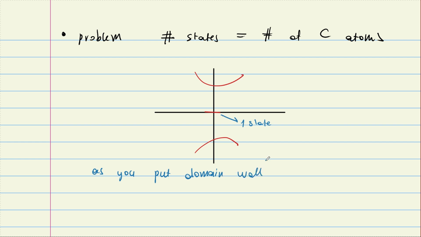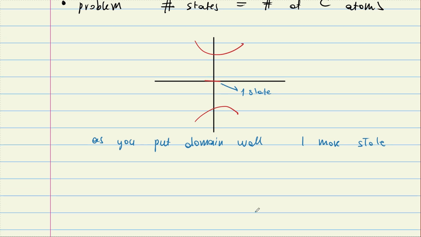You don't change the number of carbon atoms. You have one more state in the middle, right? Because when you put the domain wall, it is one more state with zero energy, but the same number of C atoms. So where did it come from?